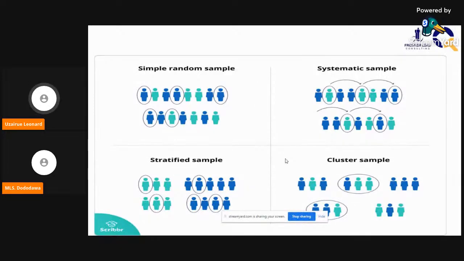So what you do is randomly select 3 of those schools and use them as your clusters in this case.